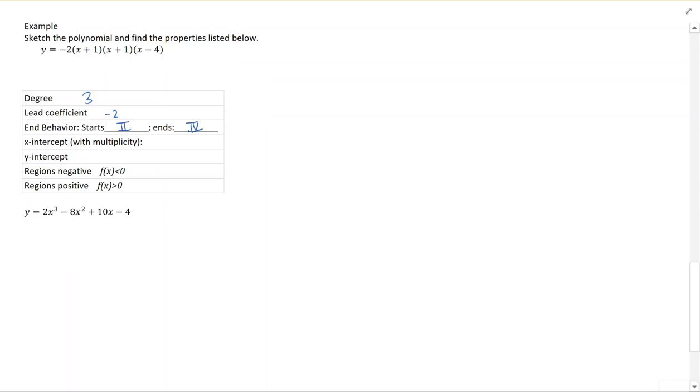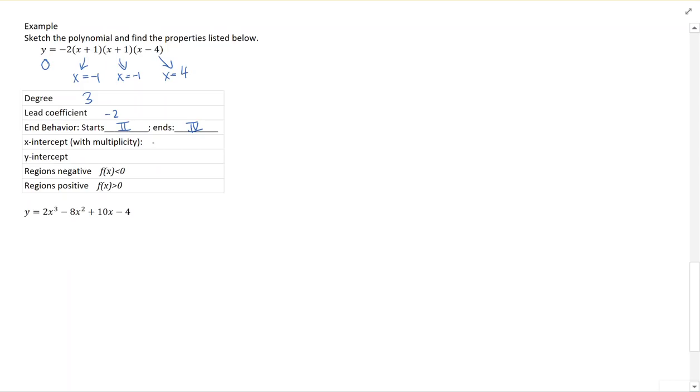So remember, x-intercepts, we're just going to set y equal to 0. So in that case, our x-intercepts include x equals -1 and x equals 4.